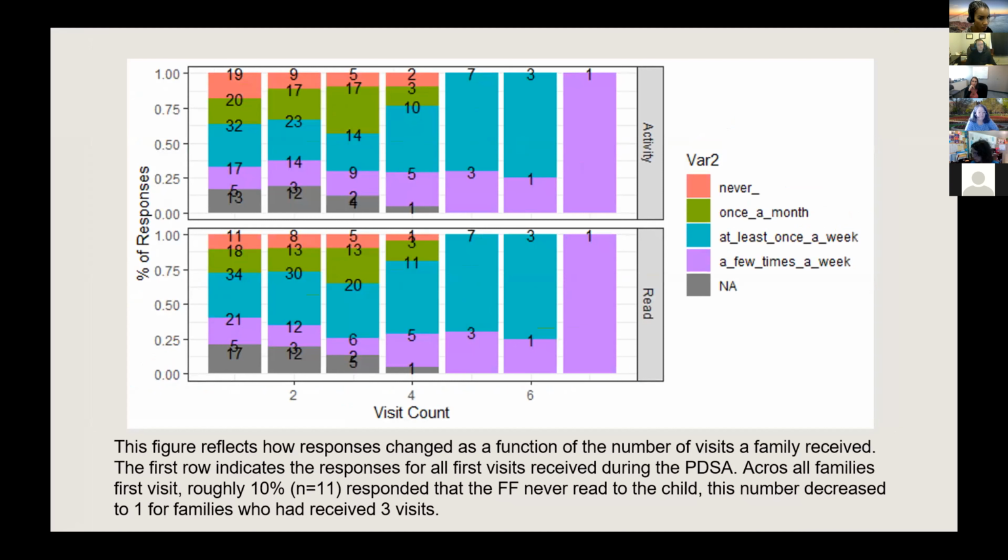I think this is pretty much what we were talking about before. The activity and the reading were a few times a week. And again, we don't see the gray color in the last 3 columns in the graphs.